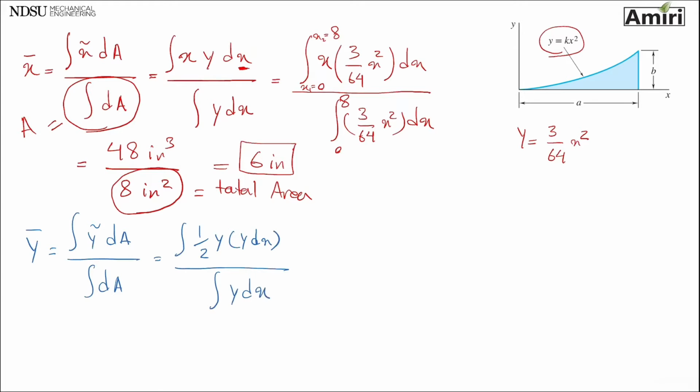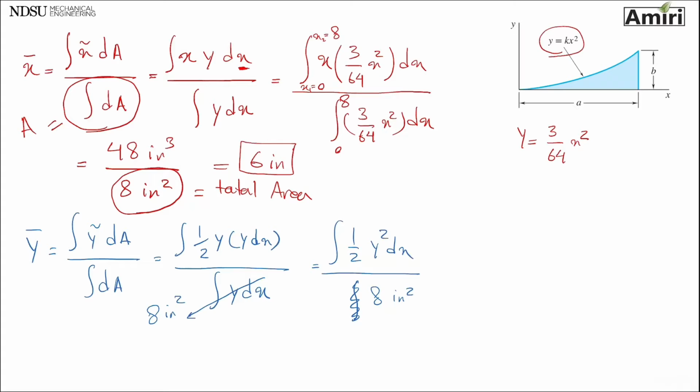This, I already found, so I don't need to do the integration again. I'm just going to put 8 square inch. Y, so I'm going to have 1 over 2 y squared dx over 8 square inch.